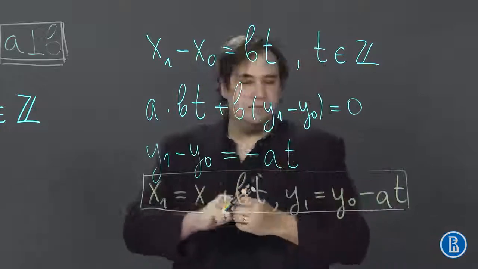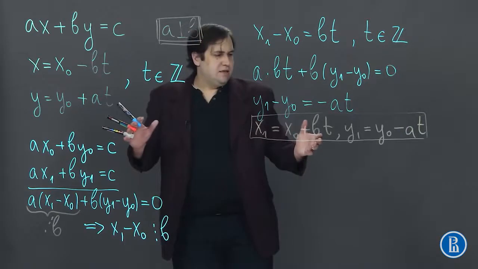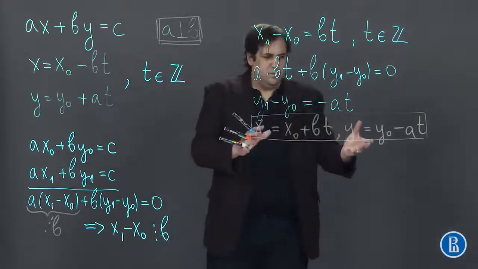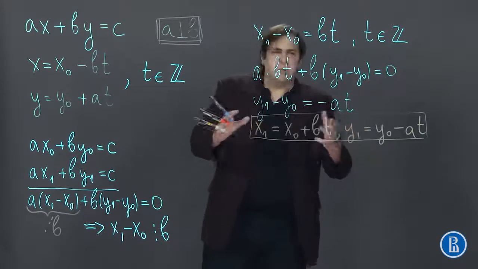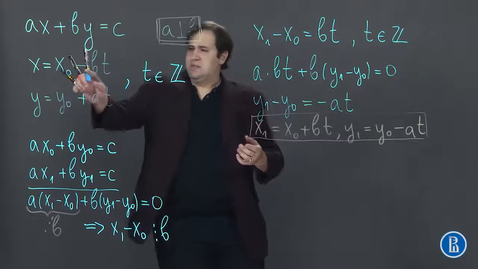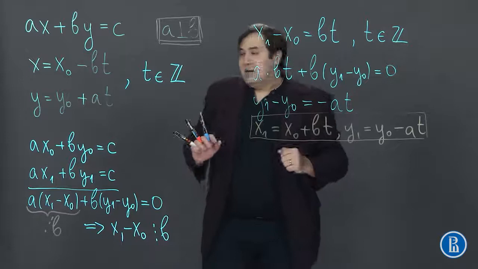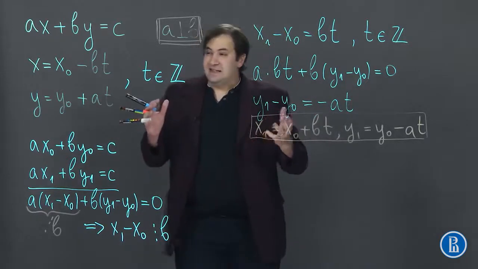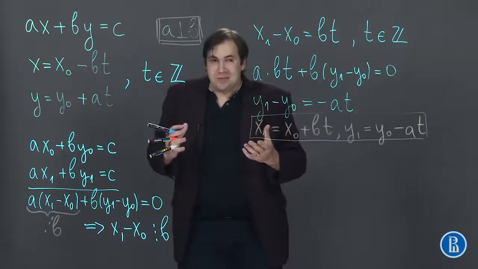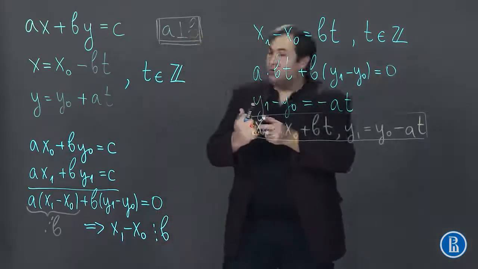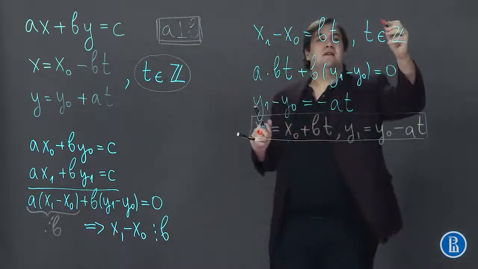Comparing this formula with the initial ones, you might say that this wasn't what we were going to prove. These formulas are not the formulas we were supposed to prove, because here we see minus and here we see plus, and at the same time here we see plus and here we see minus. But these formulas are essentially the same, because t over here is an arbitrary integer, and also t over here is an arbitrary integer.